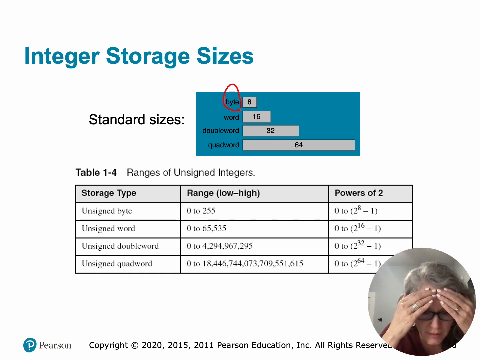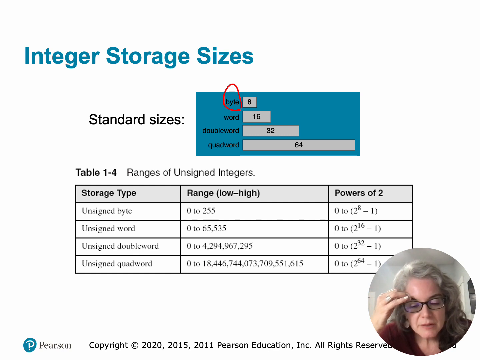So if you're thinking about, for example, if you're coding in C, C++ or Java, and you have an integer, you're getting data from the user, and you need to get somebody's age.